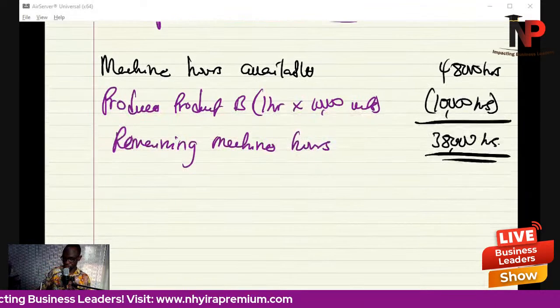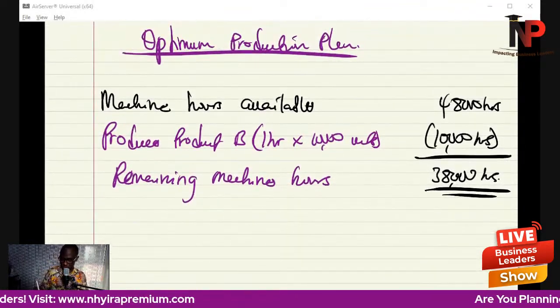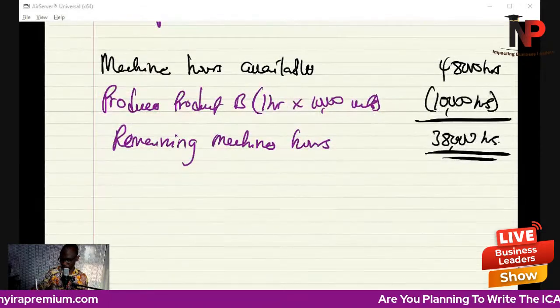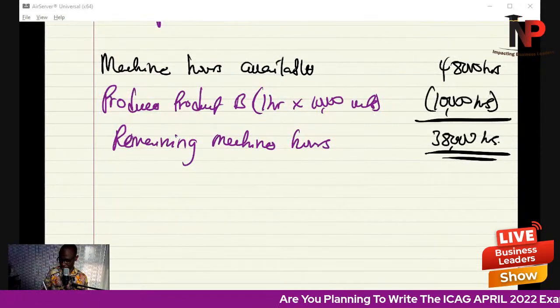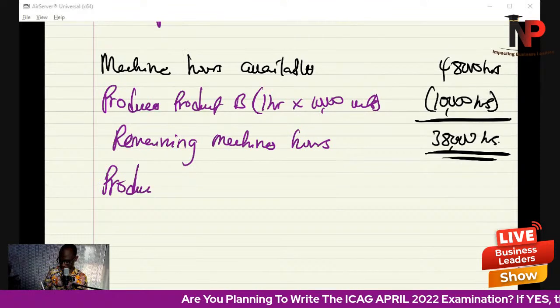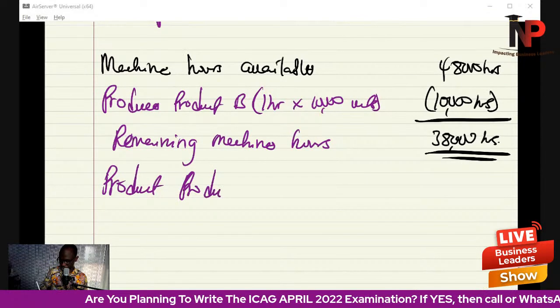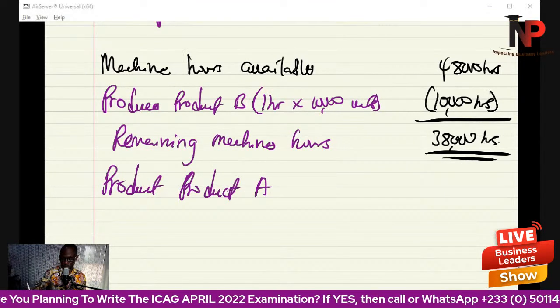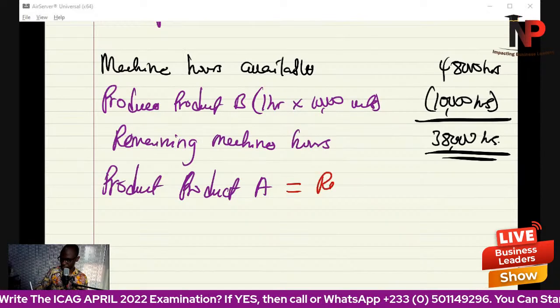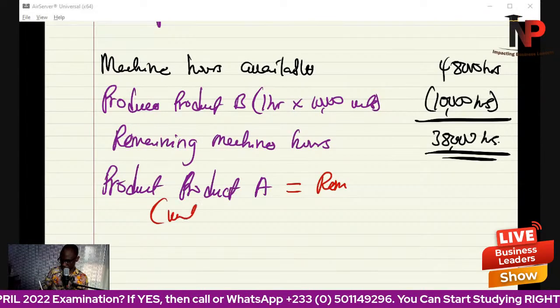Okay. So now we have produced product B. So we will use the remaining hours to produce product A. So for product A, we will use the remaining hours to get the units of product A to make.